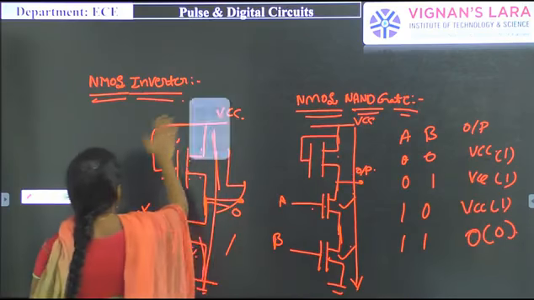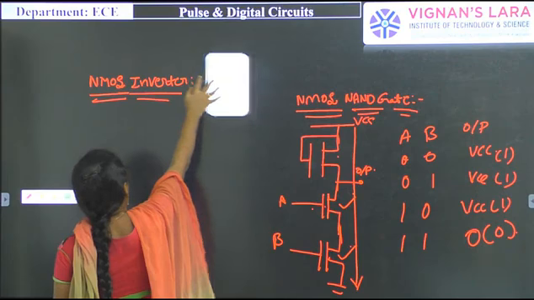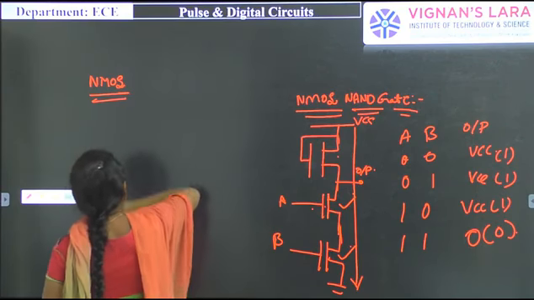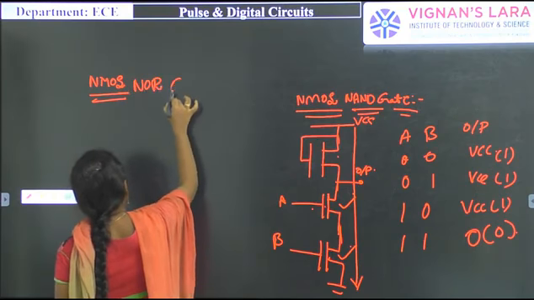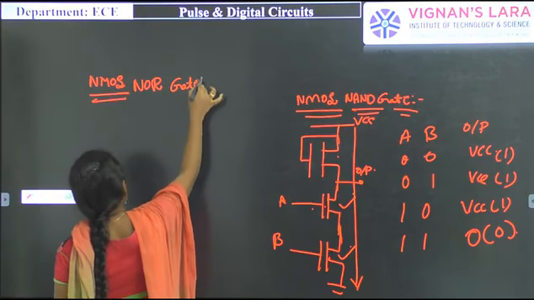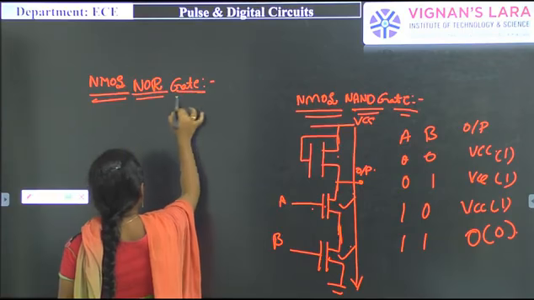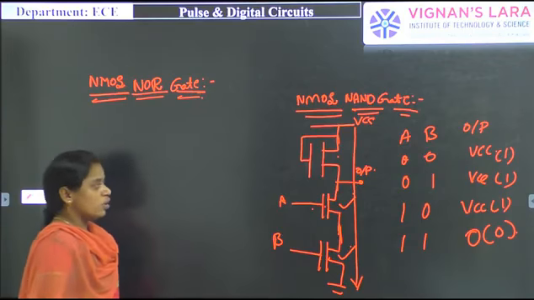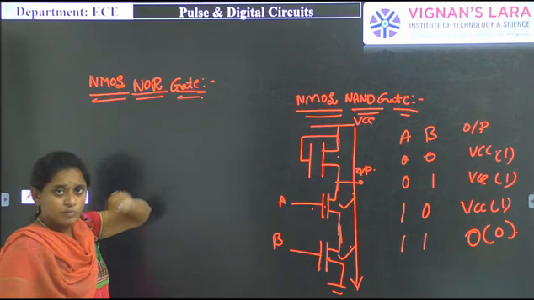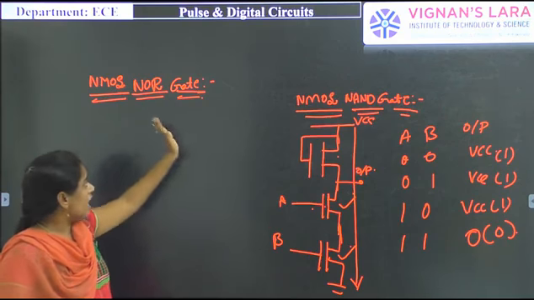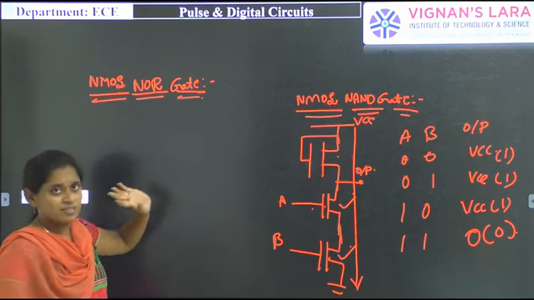Next we have to discuss the NMOS NOR gate. Simply, in the NAND gate we connect the NMOS devices in series, and here we have to connect the NMOS devices in parallel.